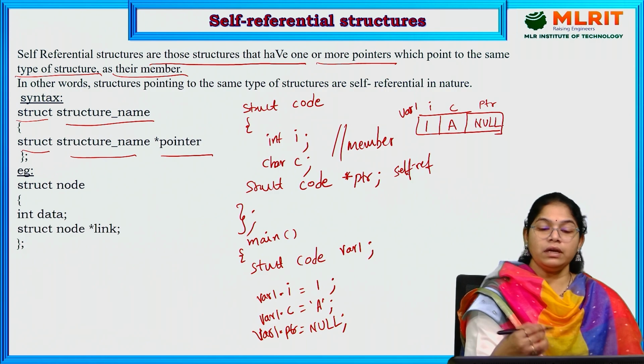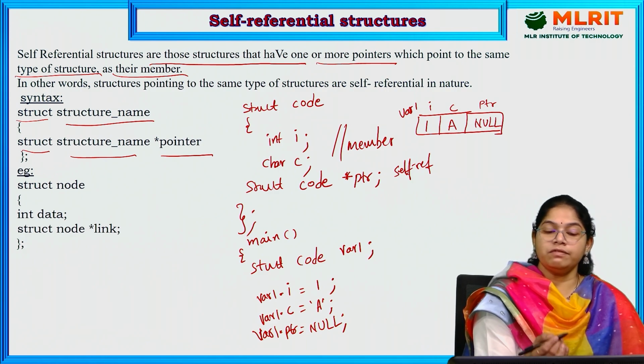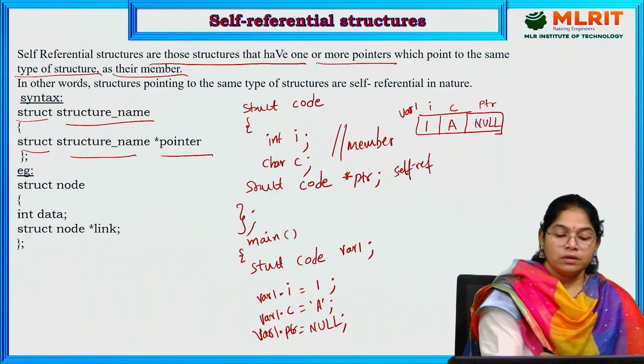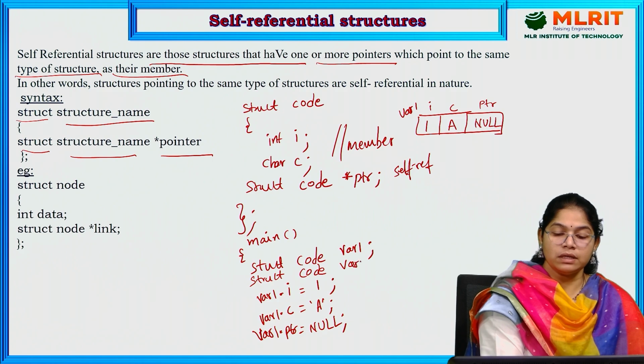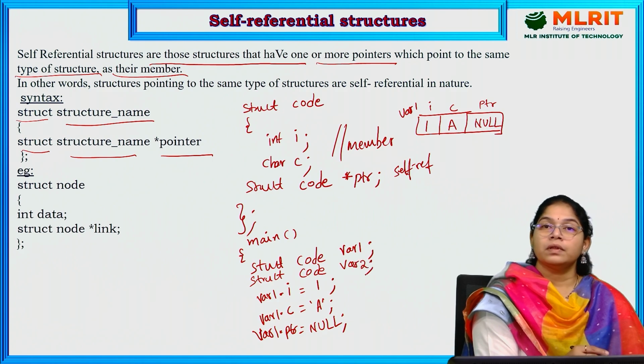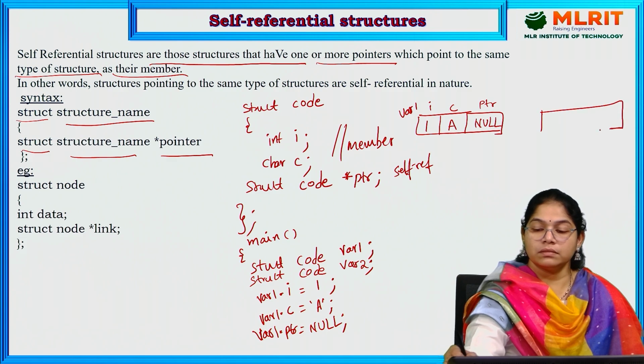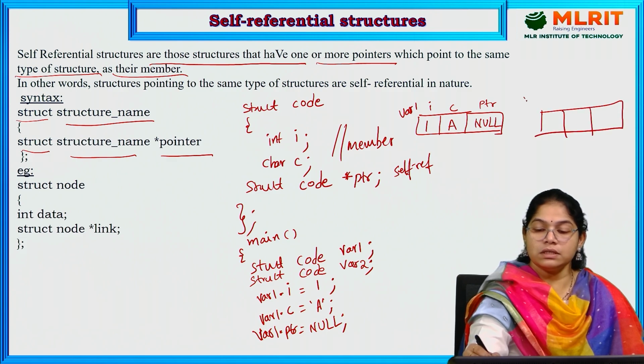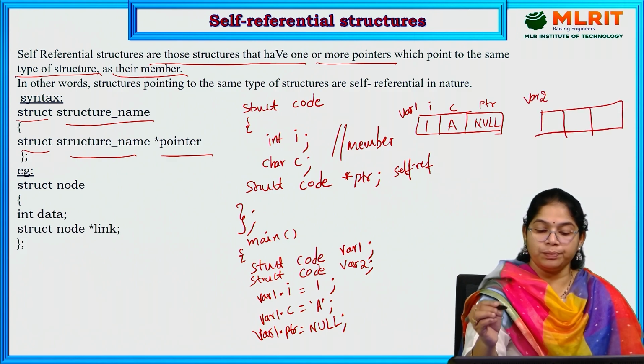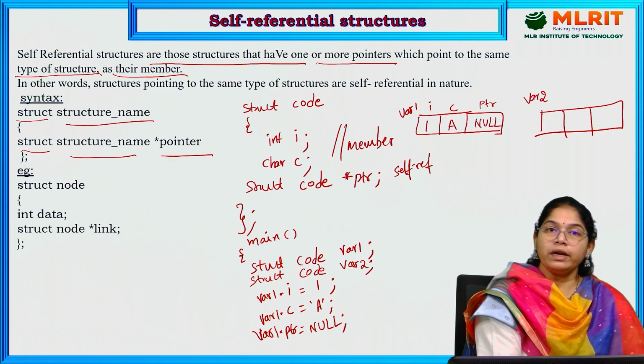Now I am creating one more variable for the same structure. To create a variable we use struct code, then the variable name, here var2. Like var1, this is variable 2.